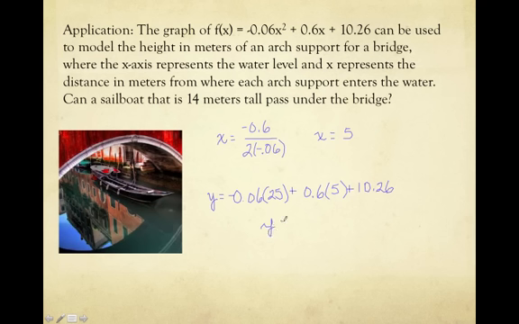So my y value is 11.76. So notice that if my sailboat mast of 14 meters attempted to go under this bridge, we would definitely be in trouble because this is only 11.76 meters high.